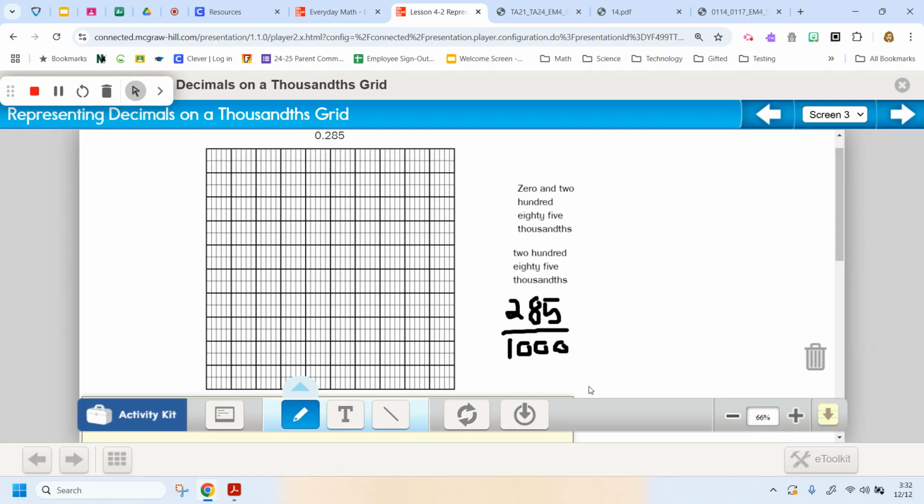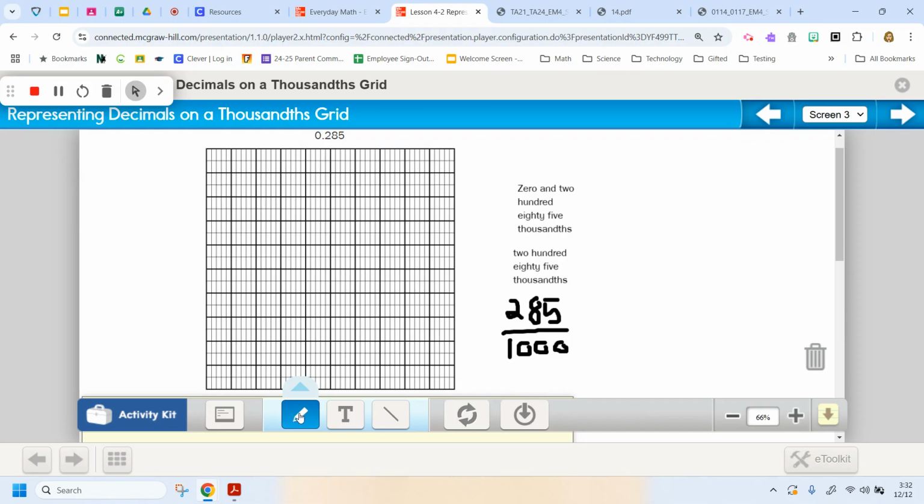So today in your book is going to have what they call a name collection box on the side of where this grid is. And you are going to have to write at least 3 equivalent names for each decimal. Sorry, I'm so used to talking about fractions from Unit 3.